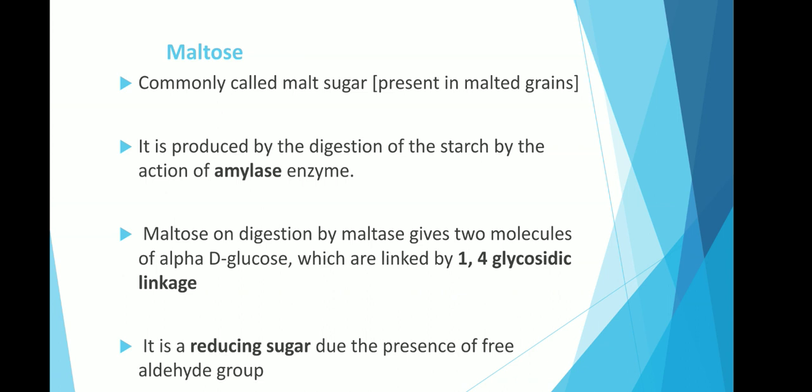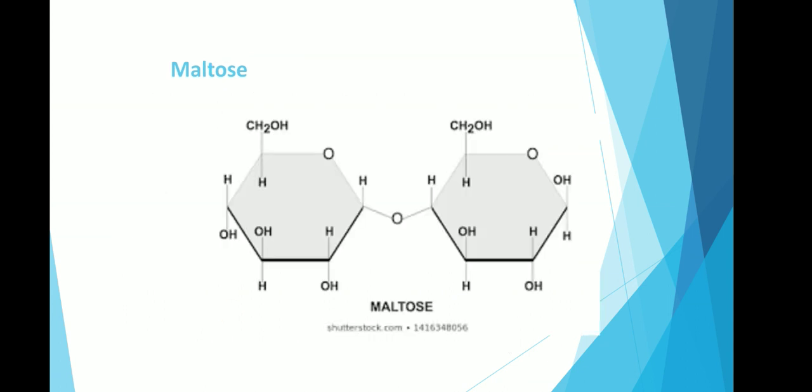Which are the two monosaccharides present in maltose? Two alpha-D-glucose linked together by 1,4-glycosidic linkage. It is a cane sugar and it is a reducing sugar because it contains a functional group, the aldehyde group. So this is the structure of maltose. Here we see the 1,4-glycosidic linkage.